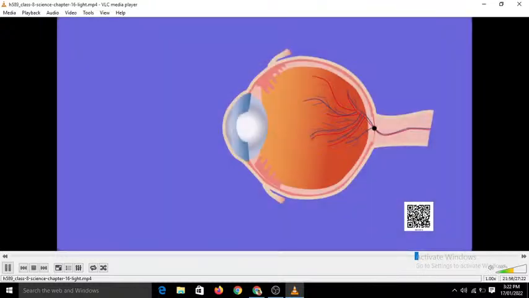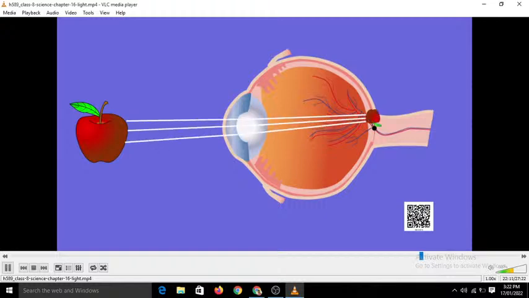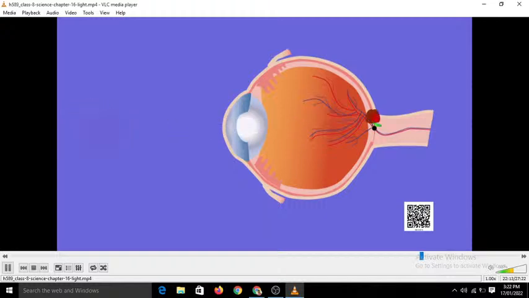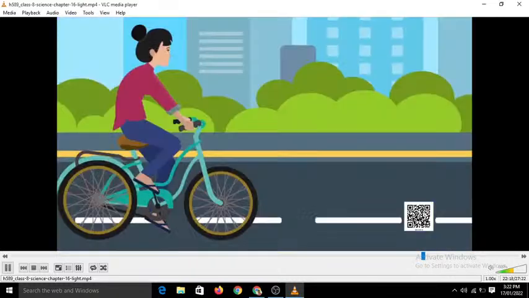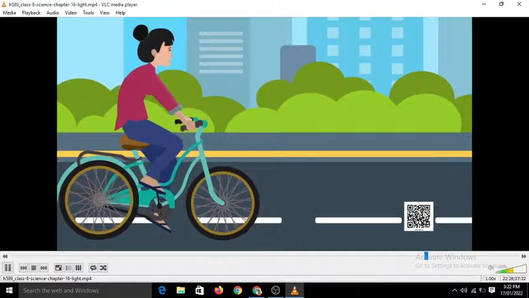Children, one more interesting aspect of our eye is that the impression of an image does not vanish immediately from the retina. It persists there for about 1/16th of a second. Look here, we have some pictures with very little difference. Observe these pictures as one image per second. It seems like this.